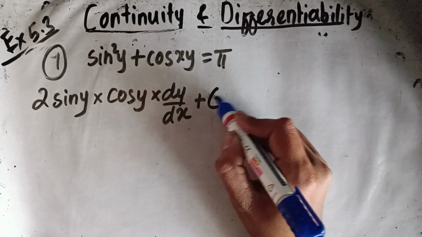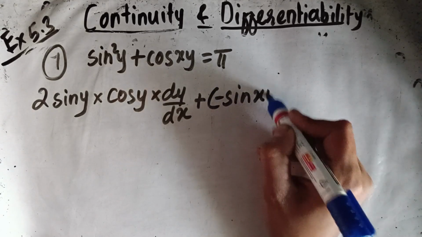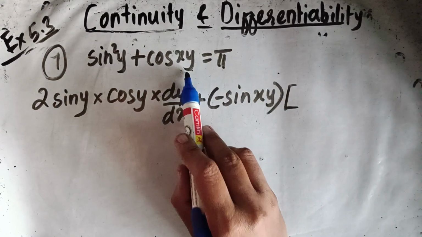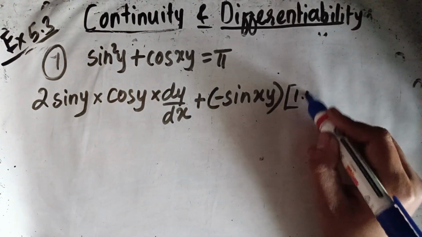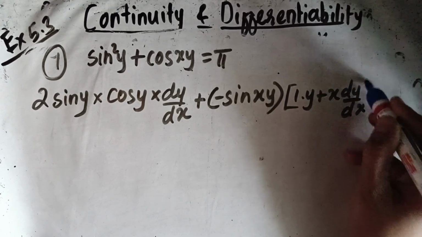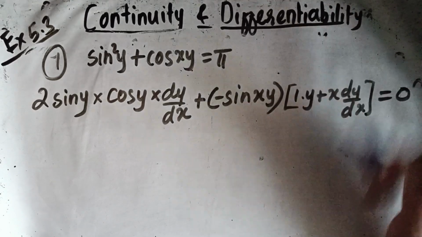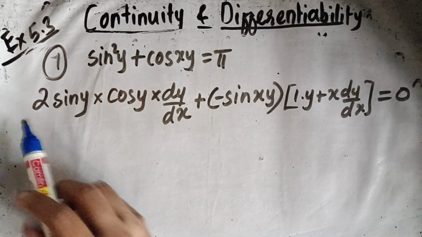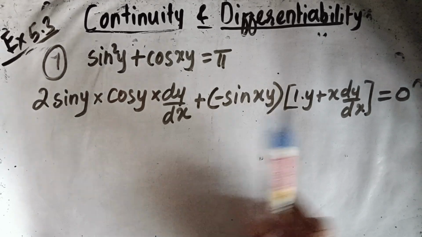So this is minus sin xy and then the derivative of xy. Here you have to use uv rule. So 1 into y plus x into dy by dx equal to 0. Okay. So taking dy by dx terms together, first you have to multiply this inside.